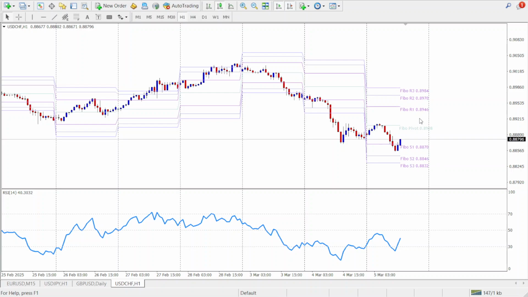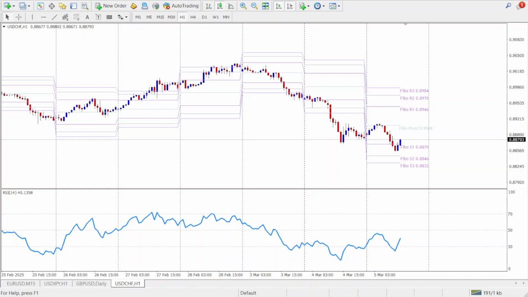The resistance levels are potential areas where price might reverse downward, while the support levels are potential areas where the price might reverse upward. So by combining the RSI with Fibonacci pivot points, we can create a good trading strategy that helps us filter false signals and identify high probability trade setups.